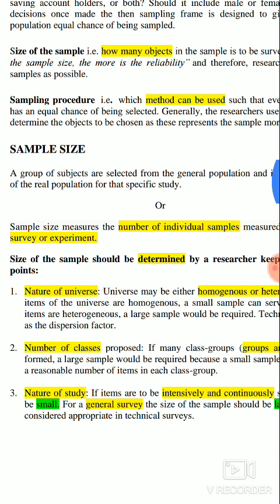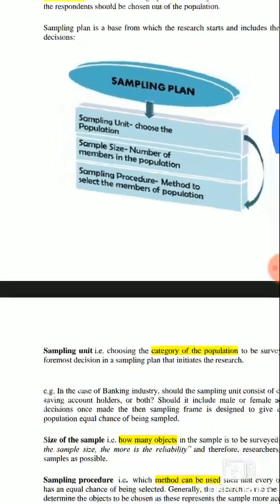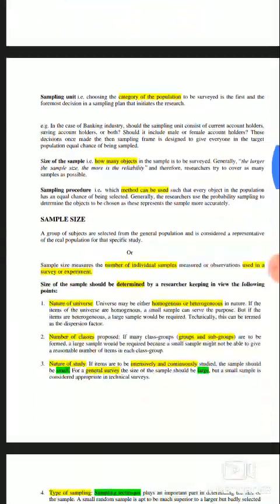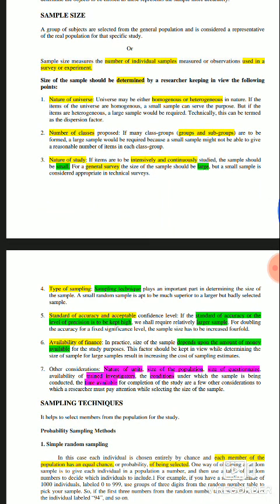That method also influences how the sample is decided. So these three elements of a sampling plan help any researcher to take a sample.